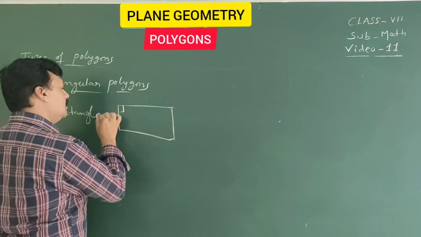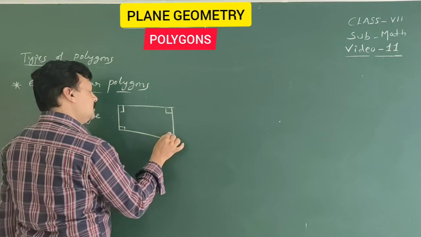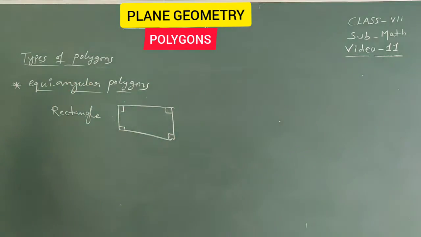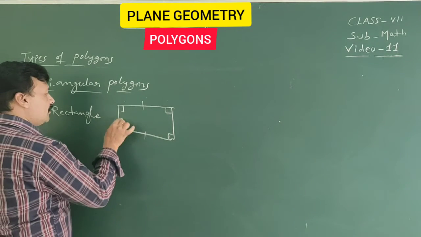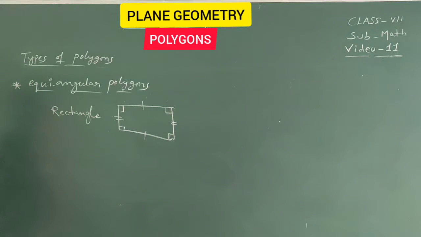In a rectangle, all of its angles are equal and each angle measures 90 degrees. But the sides are different, only opposite sides are equal. Equiangle.